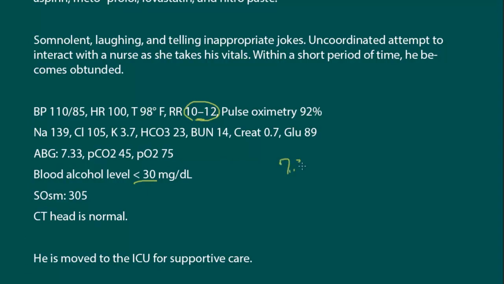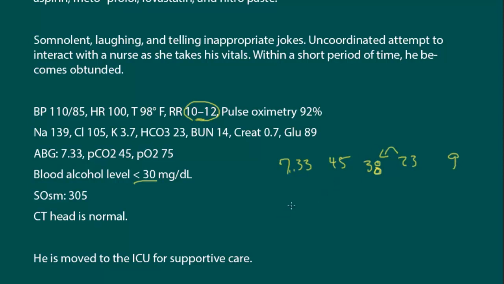Okay, pH 7.33. PCO2 45. Bicarb 23. Now expected PCO2 is 23 plus 15 is 38. And anion gap is 9. Go ahead and calculate that.